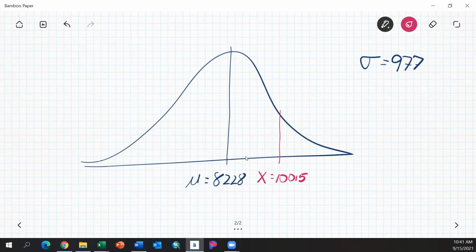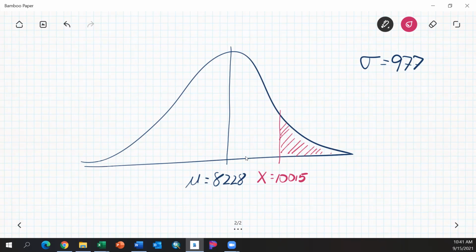The graph, even if not to scale, will still be helpful. We'll first solve this problem by hand. Then we'll look at tools in Excel that are faster, but not always as intuitive. In this problem, we want to find the area to the right above 10,015. This area is the probability the school district spends more than LAUSD.